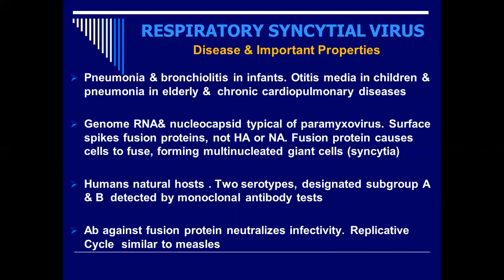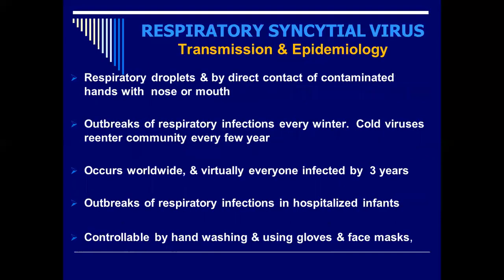So monoclonal antibodies are another important tool to identify a highly specific antigen. Antibodies against the fusion proteins neutralize the infectivity, and the replicative cycle is again the same as we have seen in measles and mumps viruses. Measles, mumps, and rubella all have the same replicative cycles.